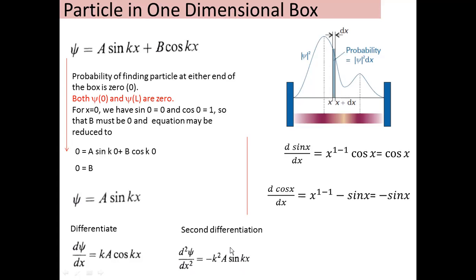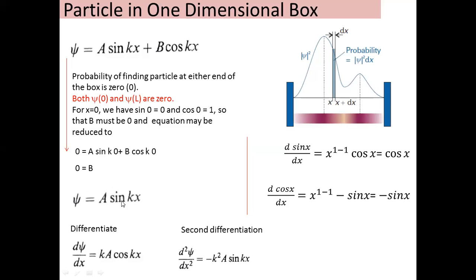So this is all about our lecture today, and I will be using this equation, the second differential form, to further discuss the value of k. Now we will be calculating the value of k, and the value of a is also important. By using these values we will find the wave function, that is psi.